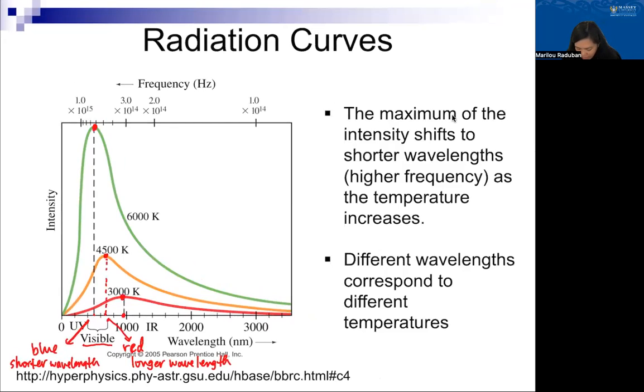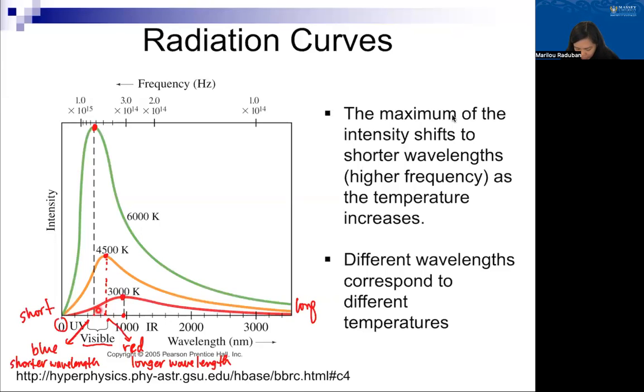So notice how the position of the peak shifts from short wavelength to long wavelength. Going from the left side of the graph, short wavelength, to the far right side of the graph, you have long wavelength.